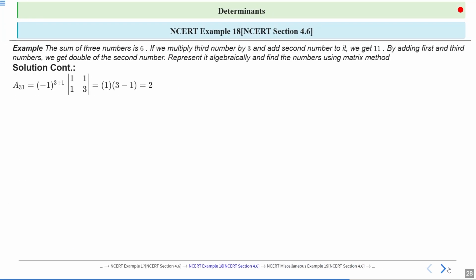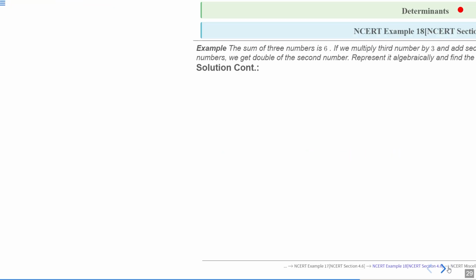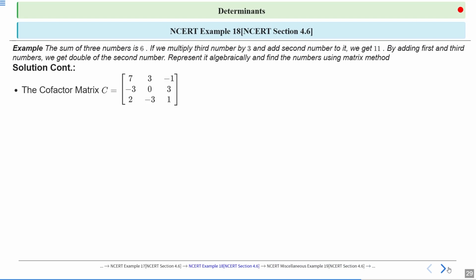The cofactor value of A31 is 2, A32 is -3 and A33 is 1. So now we have the cofactor for each element, and we write the cofactor matrix C as 7, 3, -1, -3, 0, 3, 2, -3, 1.